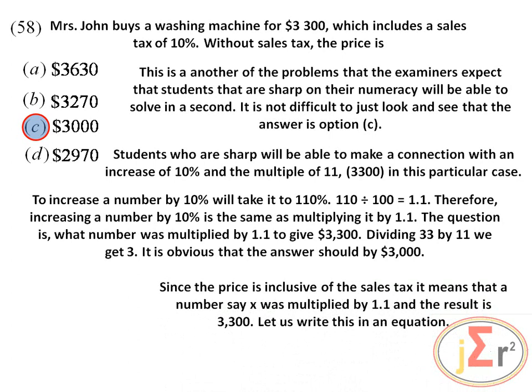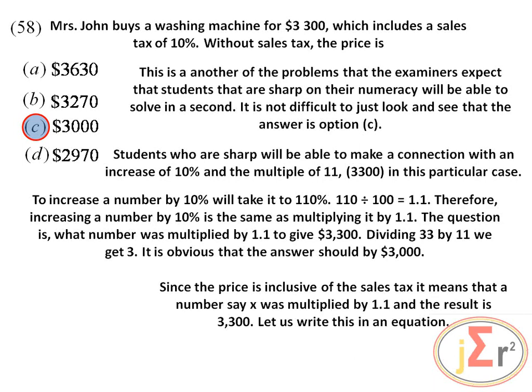Since the price is inclusive of the sales tax, it means that a number, say x, that we do not know, was multiplied by 1.1. That is how we increase by 10%, as we have discovered. We multiply by 1.1 and the result is 3,300.